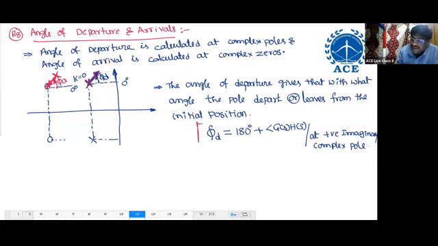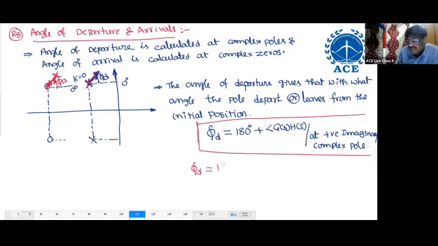Remember this. There is one more formula also: phi d equals 180 minus phi, where phi equals the sum of angles contributed by poles minus the sum of angles contributed by zeros.